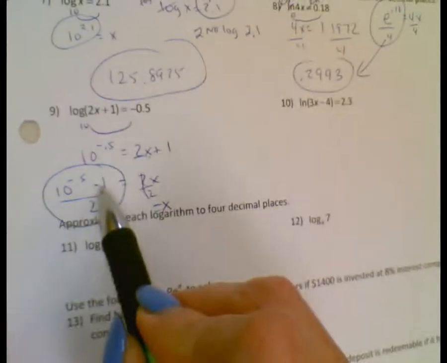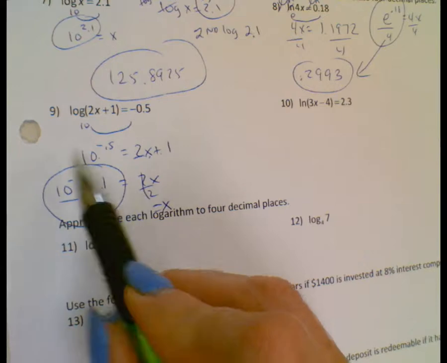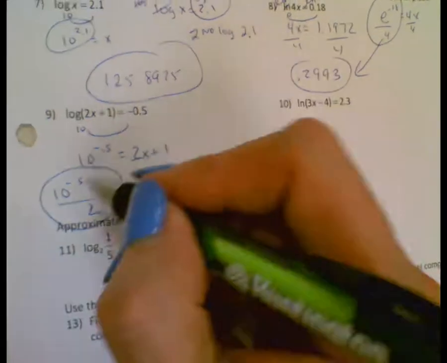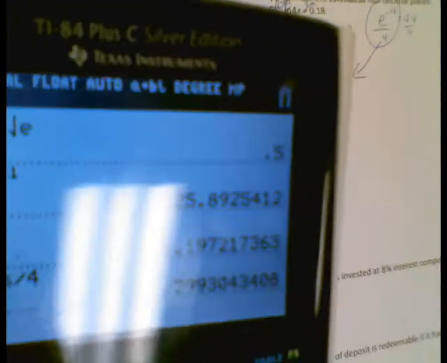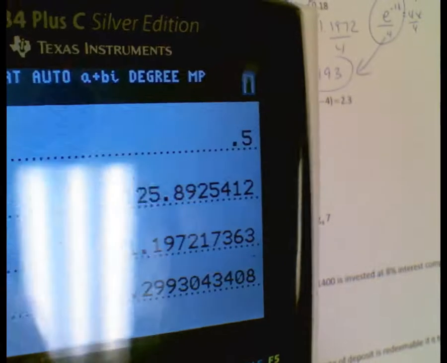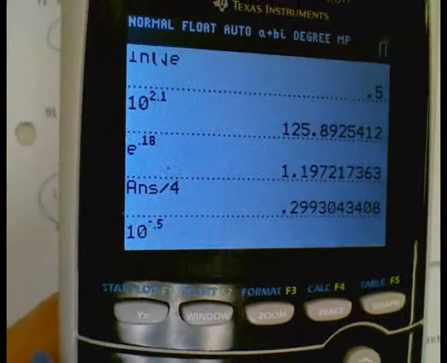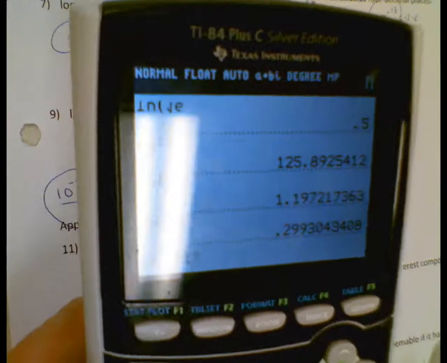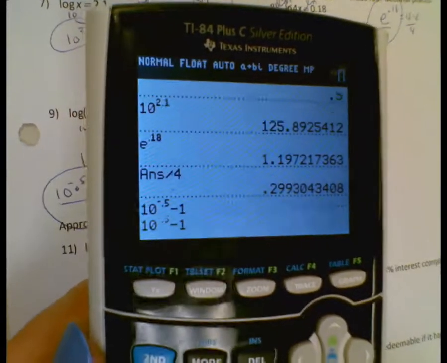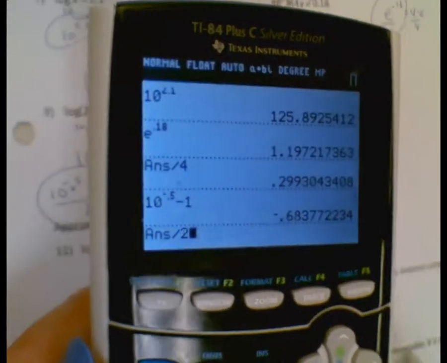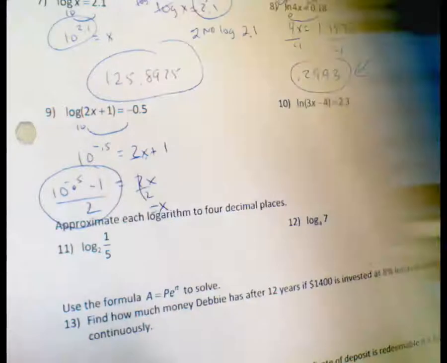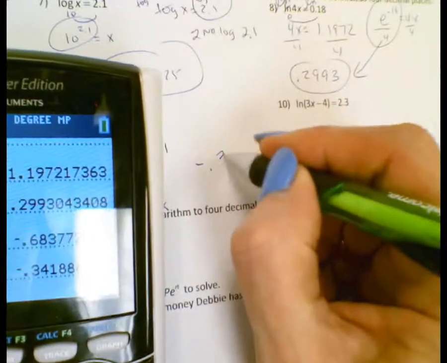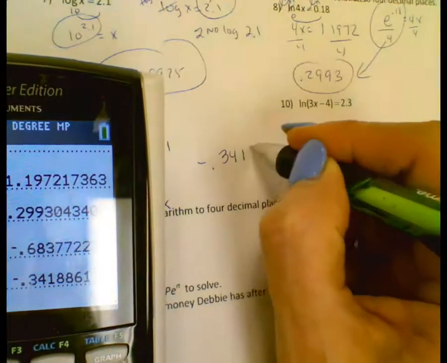I subtracted 1 and then divided by 2. So we're punching all of this in. Be careful. This is a 0.5 right here. So it's 10 raised to the negative 0.5 minus 1 equals. Now divide it by 2. So it's negative 3419.